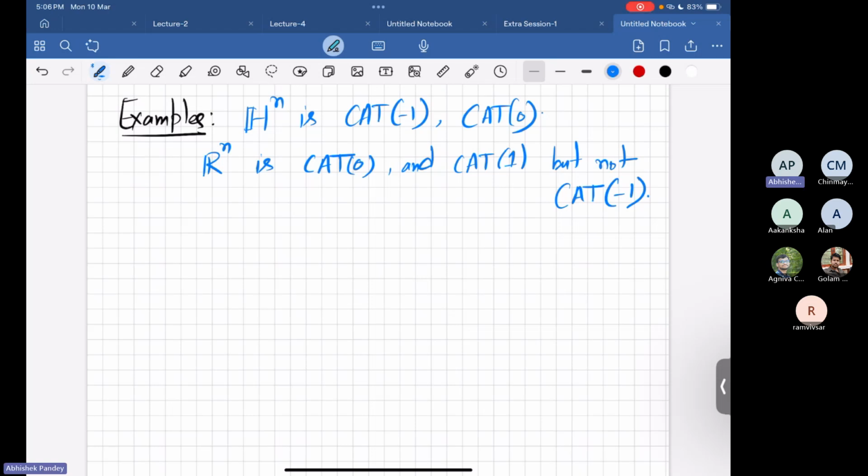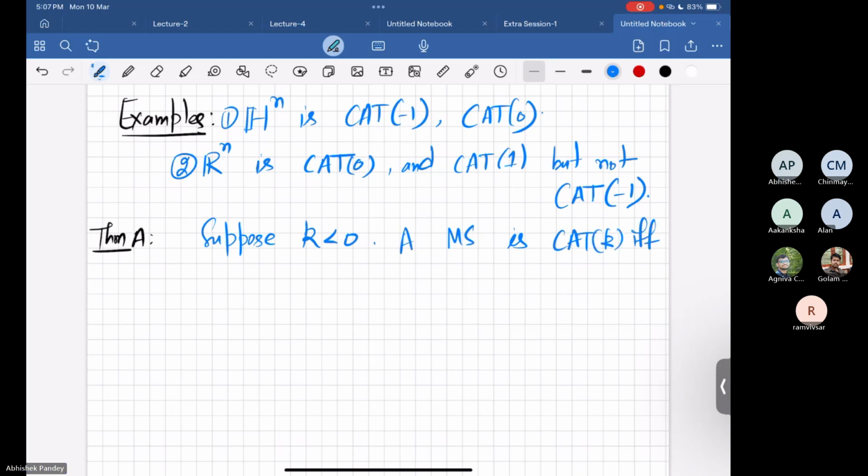And one more theorem, which will again give an example, so I will consider this as an example only. Theorem A: suppose k is less than 0. A metric space is CAT(k) if and only if it is CAT(j) for all j greater than k.